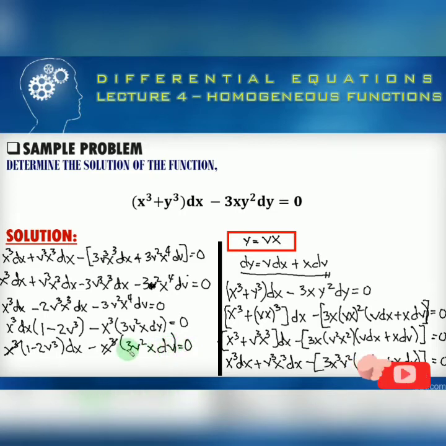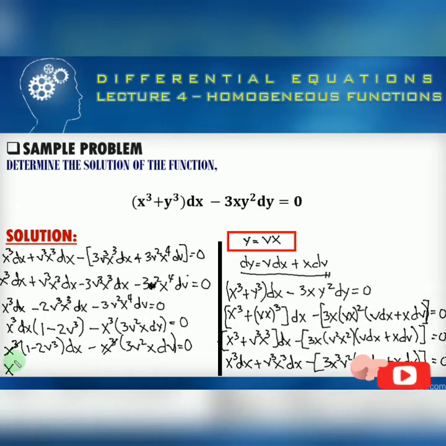So this x cubed is now being extracted, and it will be eliminated, because if we extract this one again, so let us just extract this one before we eliminate this x cubed.